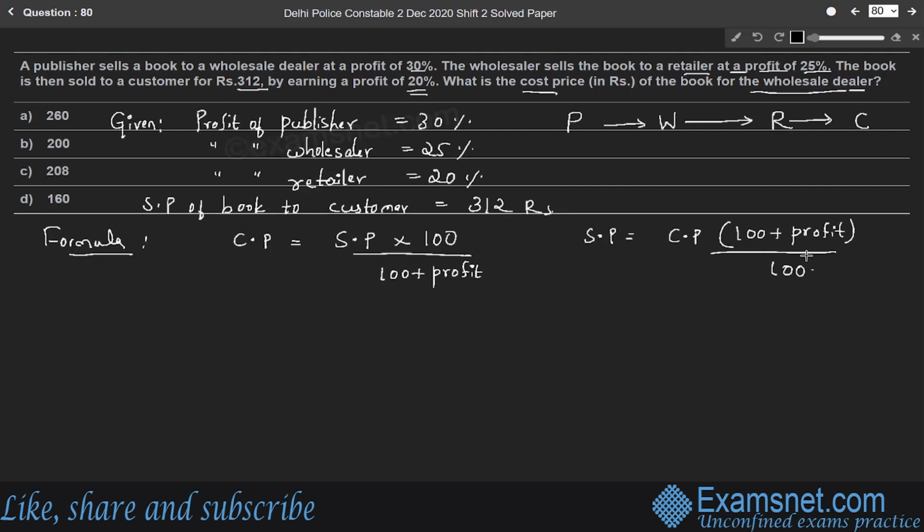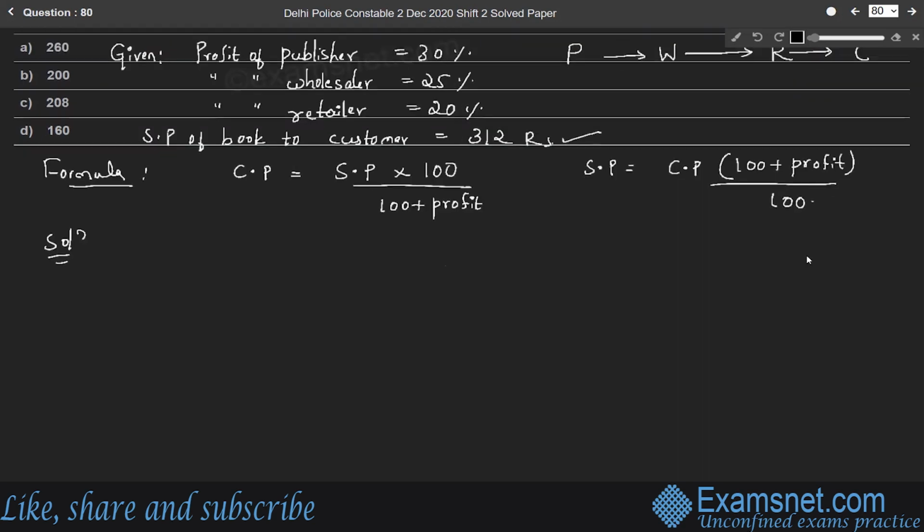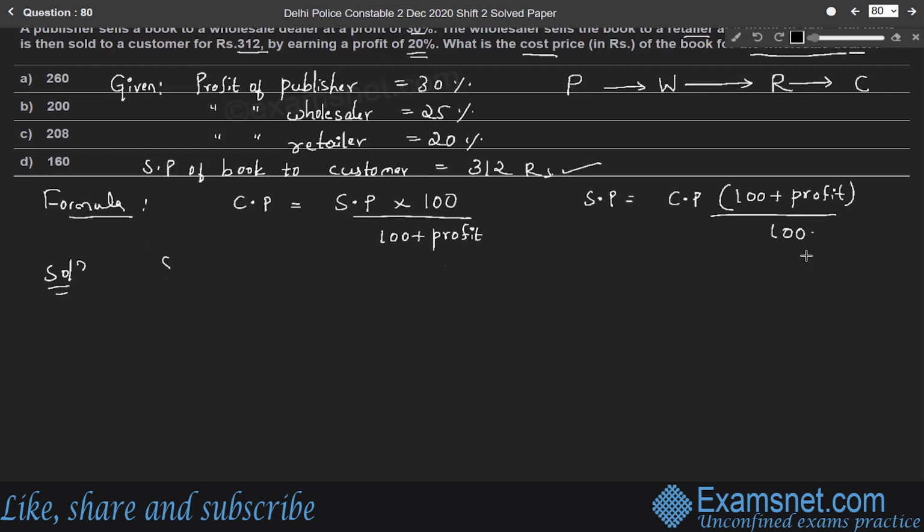Right. So here we are using these two formulae. So in the first step, the selling price of the book for the customer is 312 rupees, which is given, right?